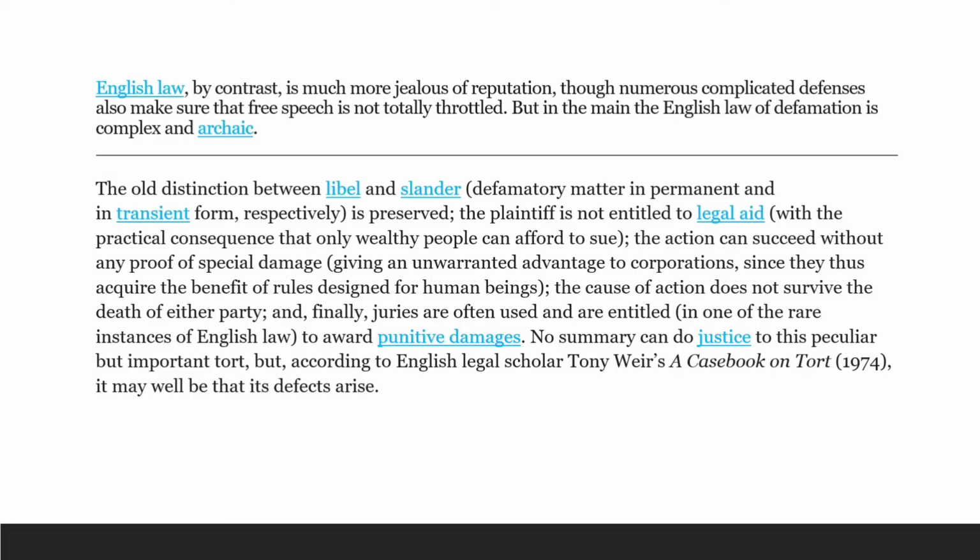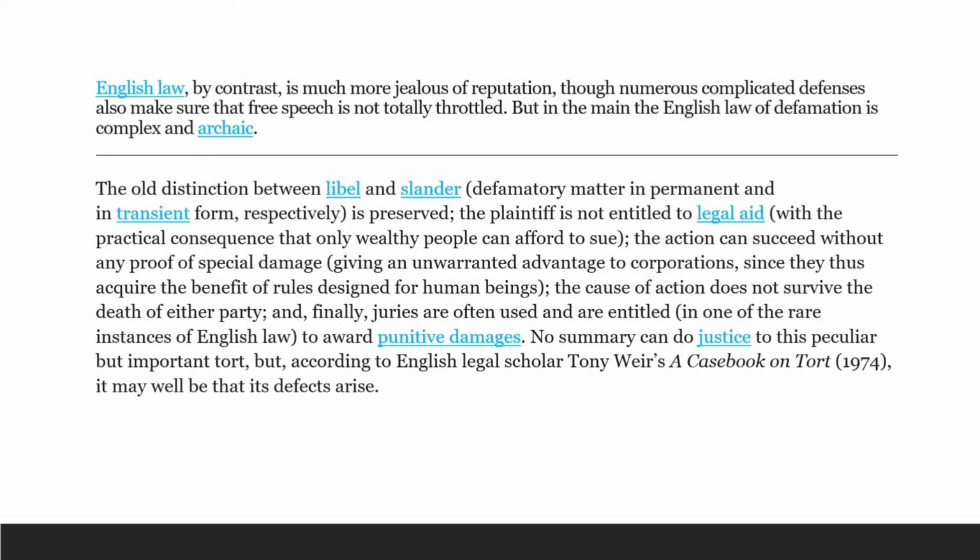The old distinction between libel and slander, defamatory matter in permanent and transient form respectively, is preserved. The plaintiff is not entitled to legal aid, with the practical consequence that only wealthy people can afford to sue.